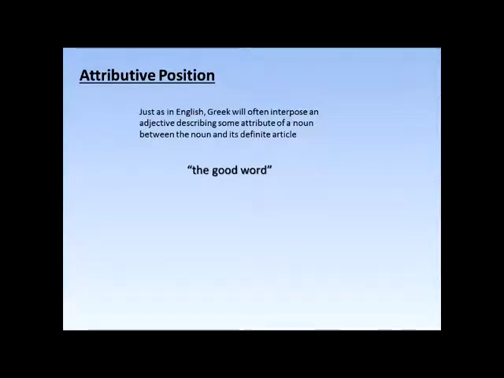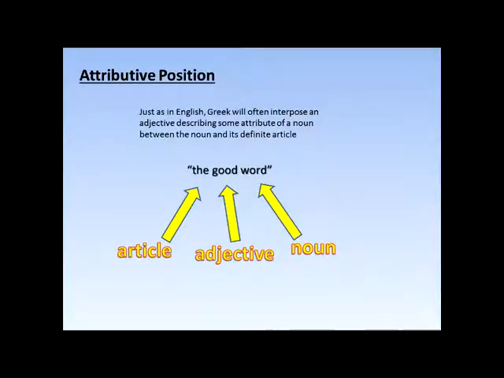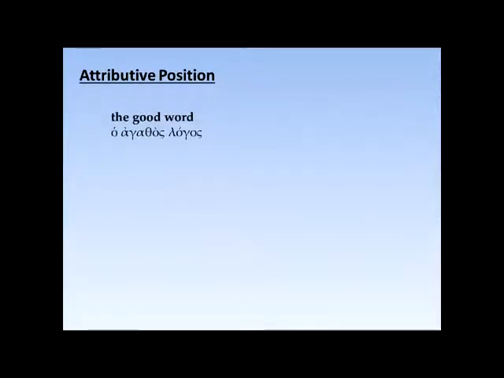The good word, now we have an adjective in between the definite article and the noun that is modified by the adjective. Word is the noun. The is the definite article. Good is the adjective. Here in Greek we have ho agathos logos.